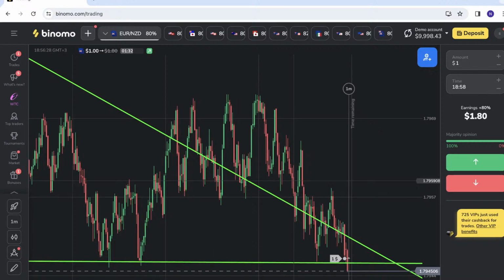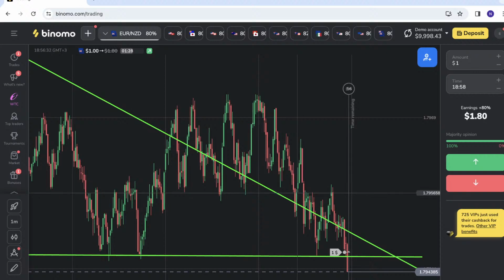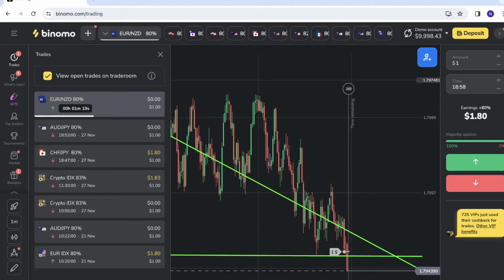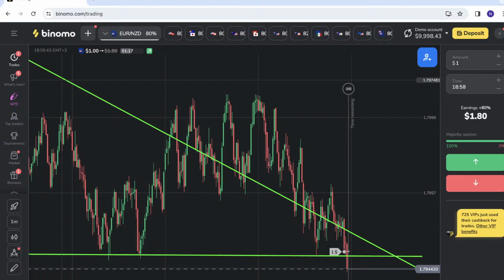So maybe this is a broken period, but anyway, we still have 1 minute more to wait to get results. Let's wait how it will finish.